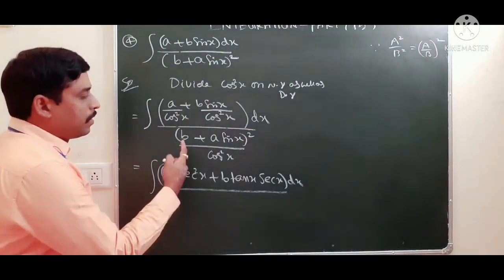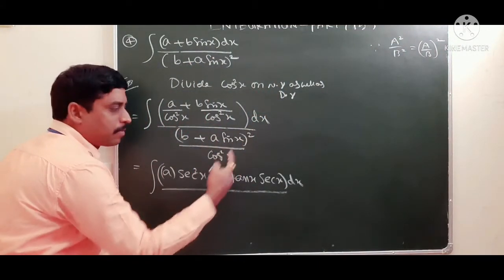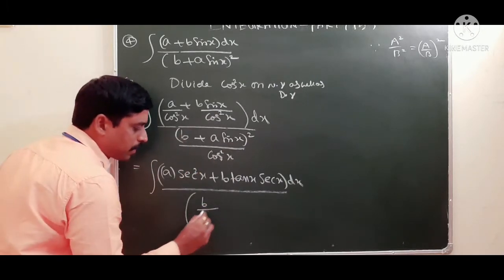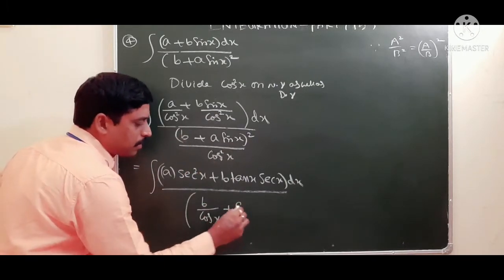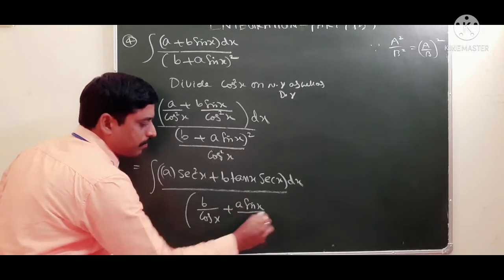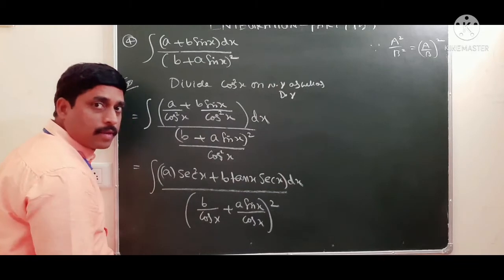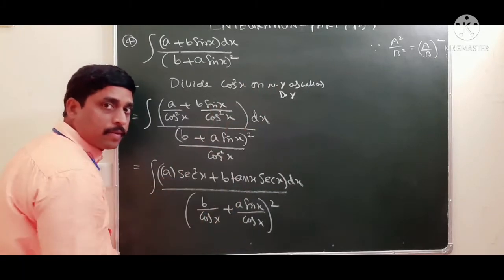Okay, clear? b plus a sin x whole square by cos square x can be written as b by cos x plus a sin x by cos x whole square, according to that formula a square by b square is equal to a by b whole square.